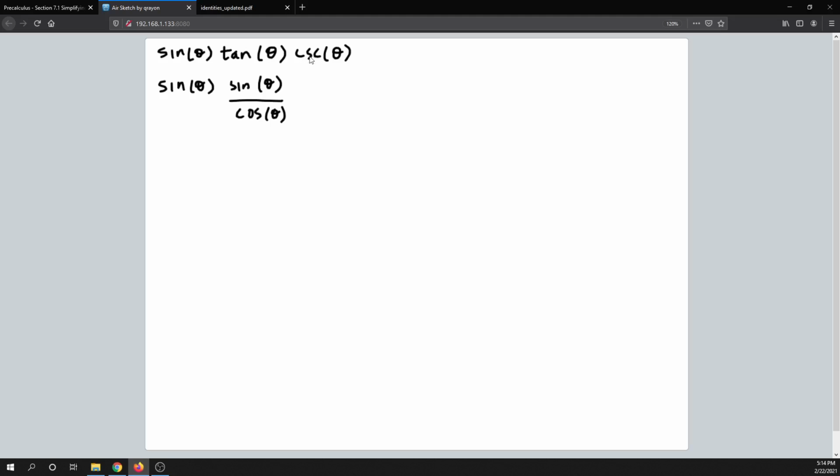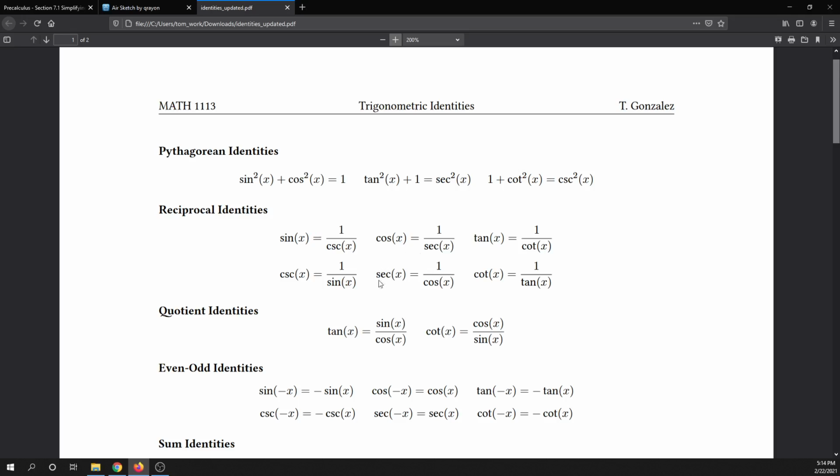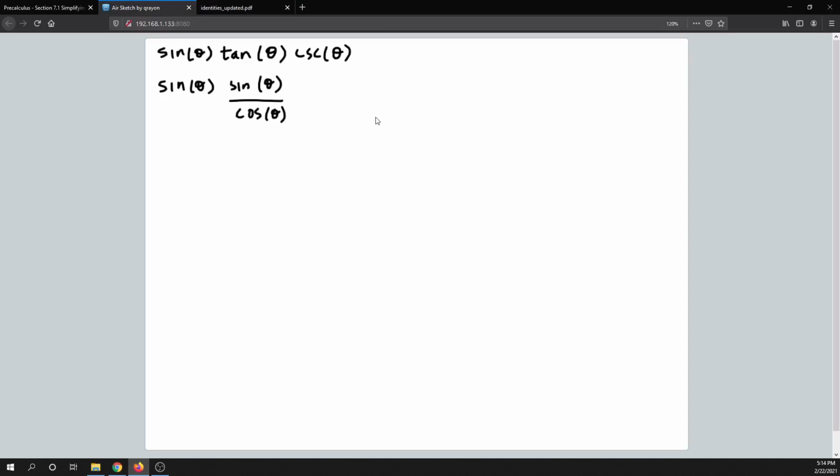And then do a similar thing with cosecant of theta. If we look at the reciprocal identities, we have that cosecant of theta is 1 over sine. So I could write that as 1 over sine.